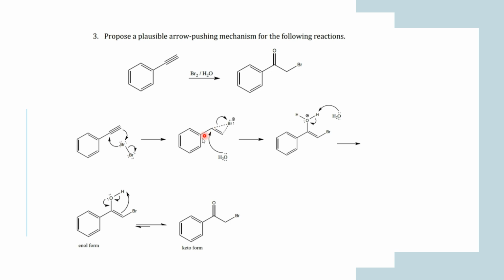Hence, water will preferably attack this more electrophilic center, leading to the formation of this oxonium species. So you end up getting this enol and this keto form as the major product of the reaction.